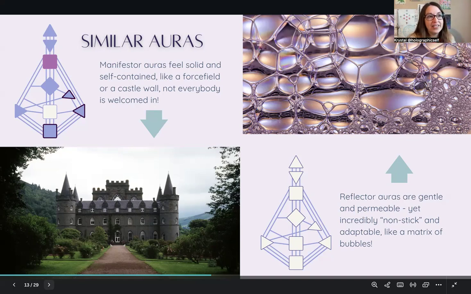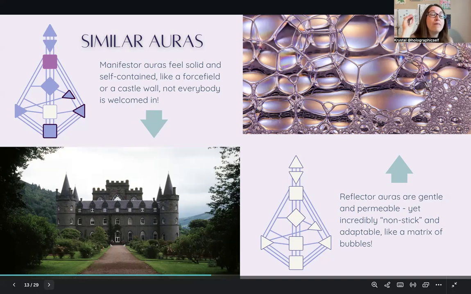Their aura has been called a Teflon or a non-stick aura. They're very adaptable. The way that I like to picture their aura is like a bubble matrix, where an individual bubble might be soft and permeable and delicate, but when you put a lot of them together, there's this dense foam and it can be very solid and nothing can really get through unless the reflector wants it to be. And so, in that way, I do see some similarities between the reflectors and the manifestors.